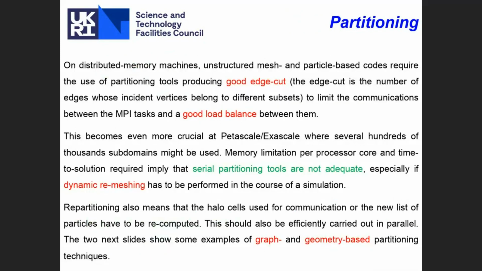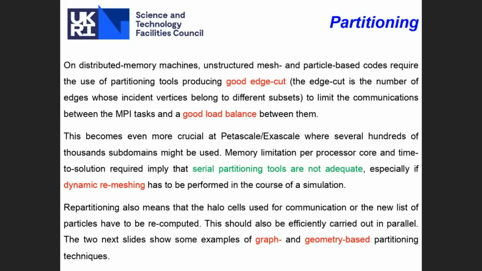So now that we have the mesh, we need to distribute it over the processors. There are two main techniques. There is a very intuitive one, which is geometry based. I'll explain a little bit later how it works. And the second one is graph based.